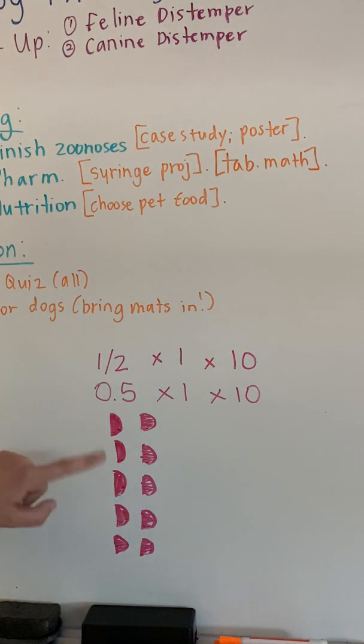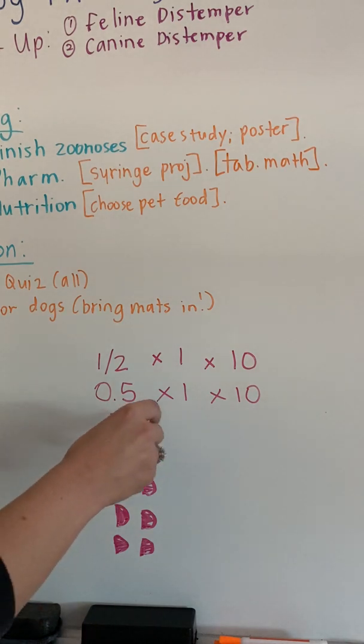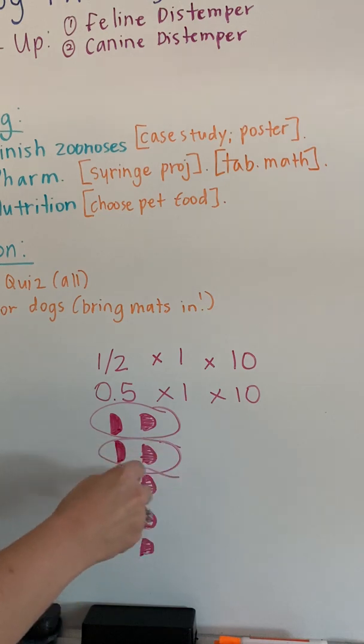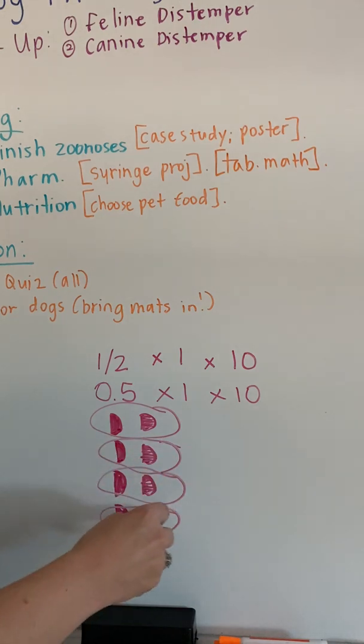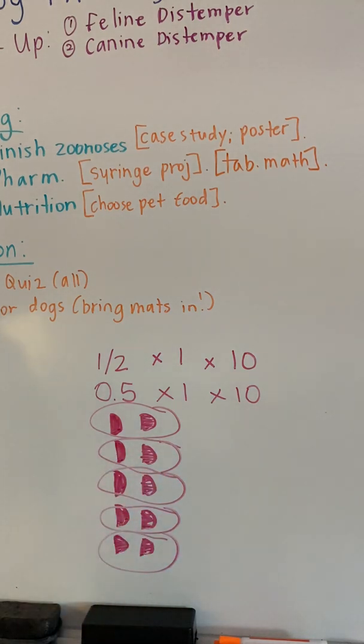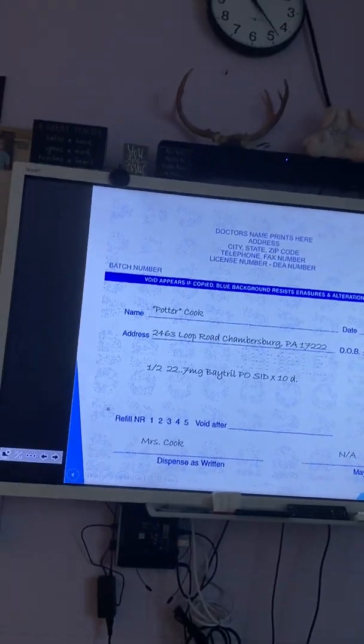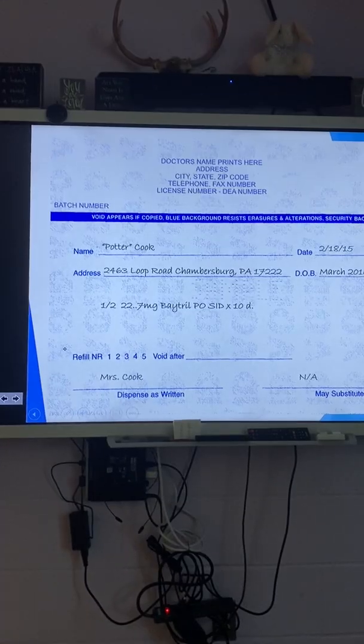Half a tablet, half, half for 10 days. So how many is that total? 1 tablet, 2 tablets, 3, 4, 5 tablets. Okay? So whether you do it visually like that, or use a calculator, there's a couple different choices, but we should end up with 5.